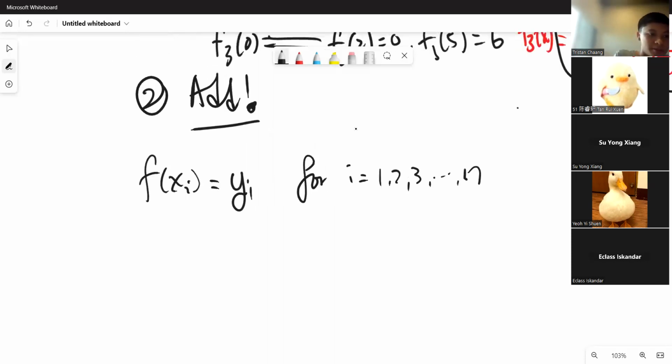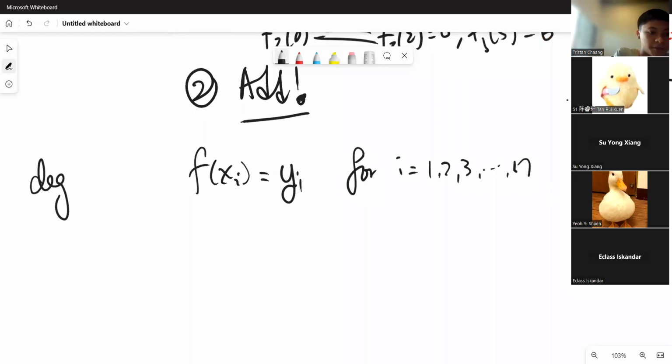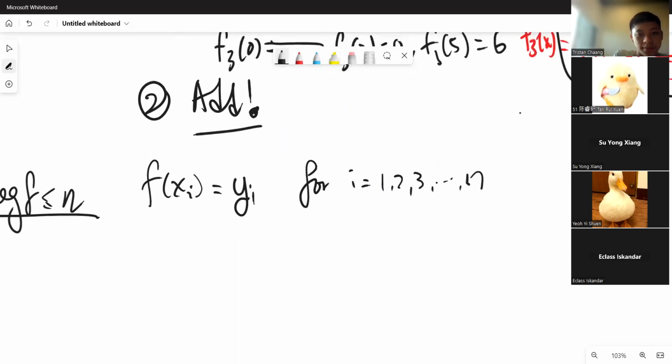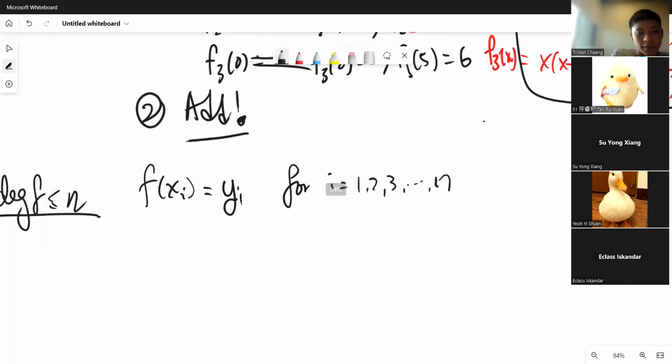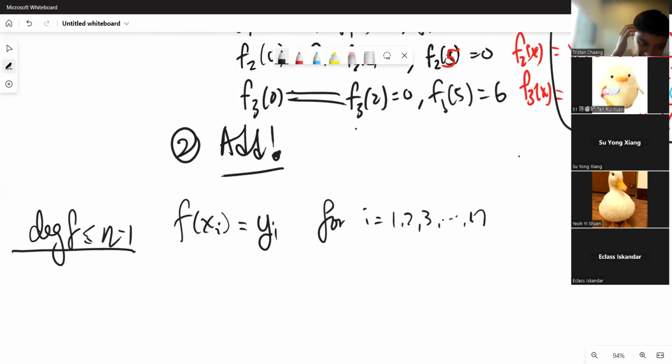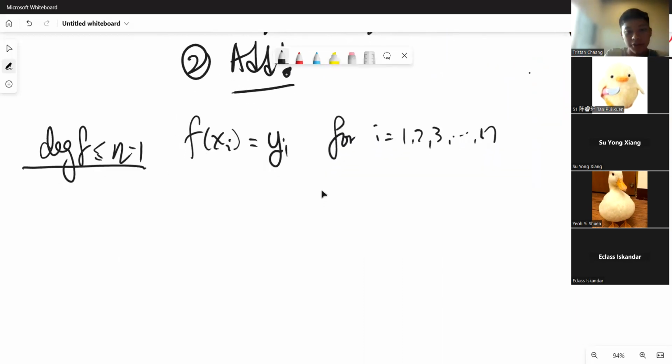And we see that the degree of f is at most, sorry, n minus 1. And also the xi are distinct.